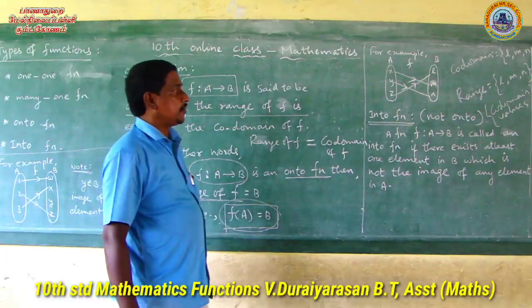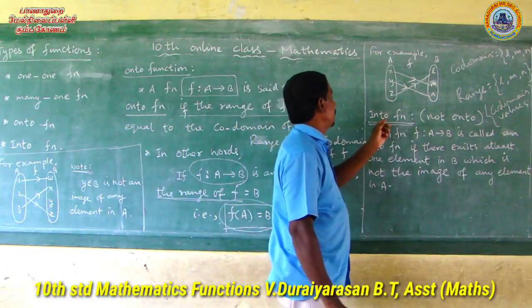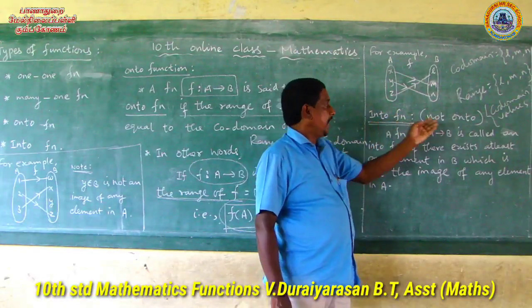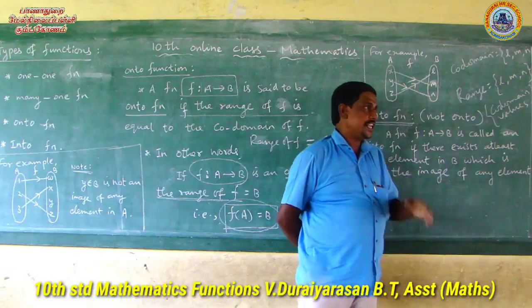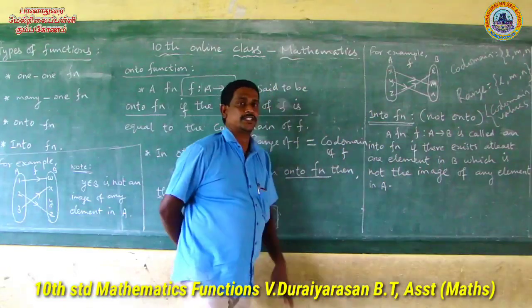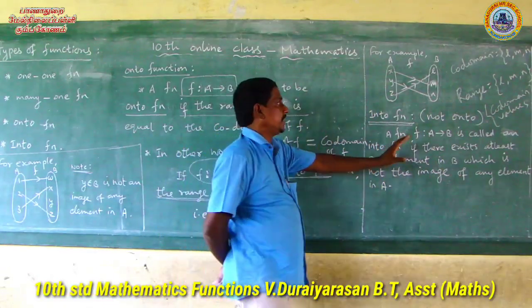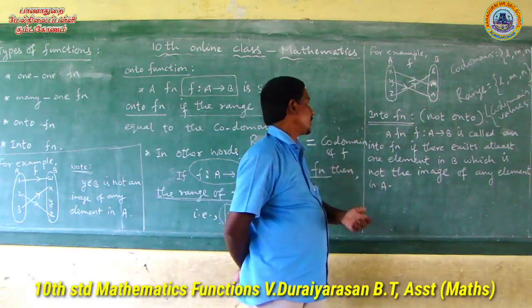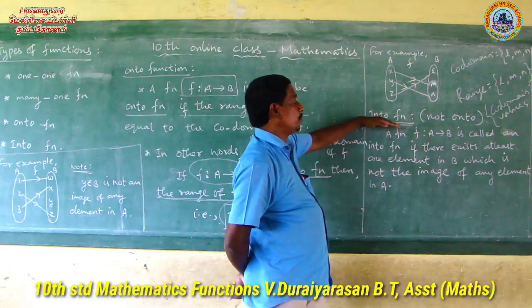Next, we are going to into function. What is another name for into function? Not onto function is also known as into function. What is the definition of into function?